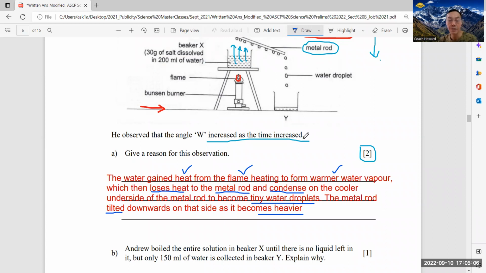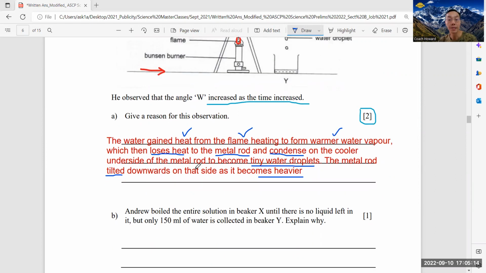Okay, so next question, part B. Here you take note. Here they use this word, boil.